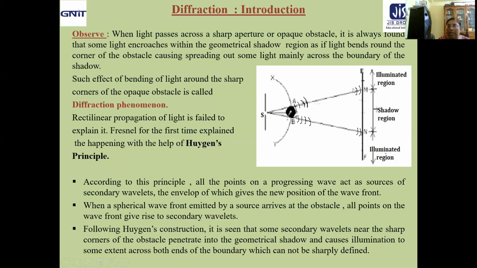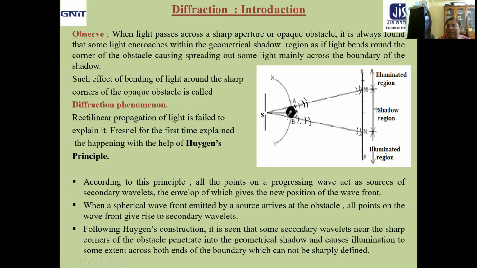I am repeating, if you observe the shadow region between M and N very carefully, you will find some illumination as if light enters by bending around this sharp edge of the obstacle, creating the fringe-like pattern between the maximum and the minimum here also. That means the light and the dark portion. This effect is termed diffraction.